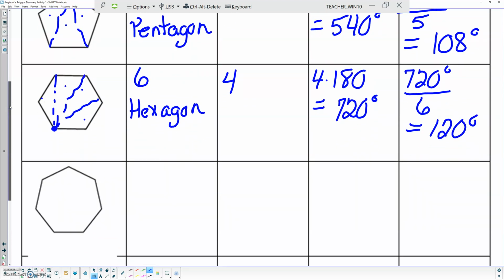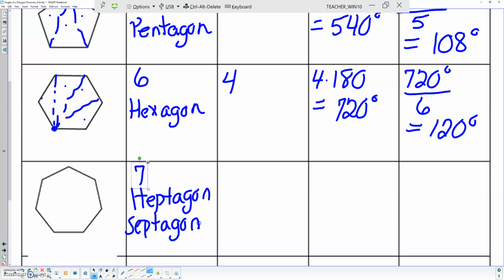This next figure has 1, 2, 3, 4, 5, 6, 7 sides. So 7 sides, we call that a heptagon. Sometimes it's also referred to as a septagon. We're going to divide it up into a minimum number of triangles. We get 1, 2, 3, 4, 5 triangles.